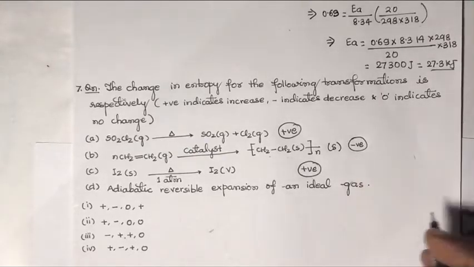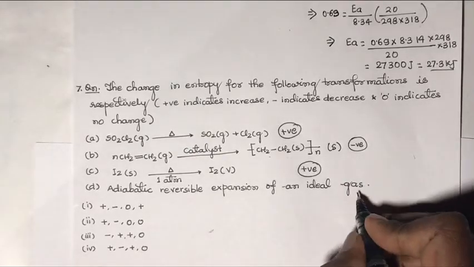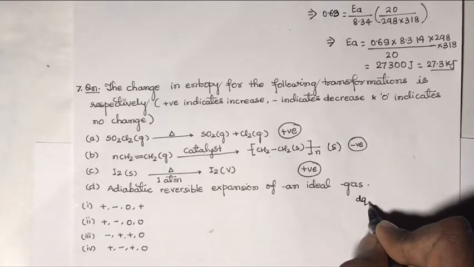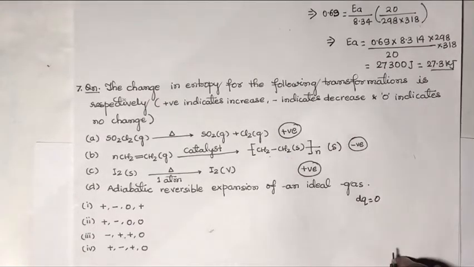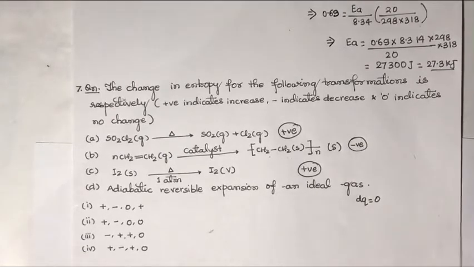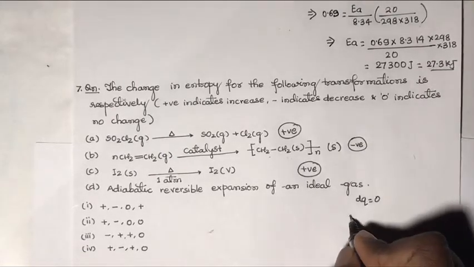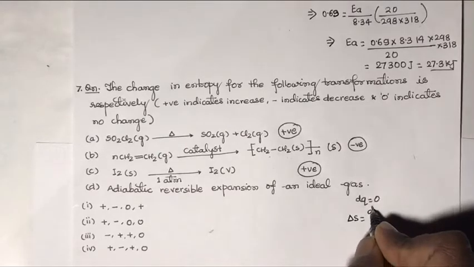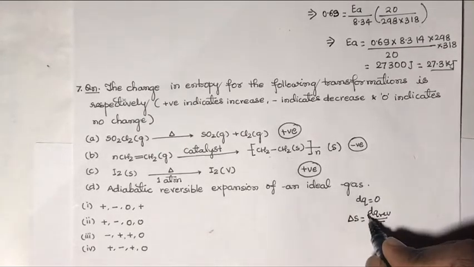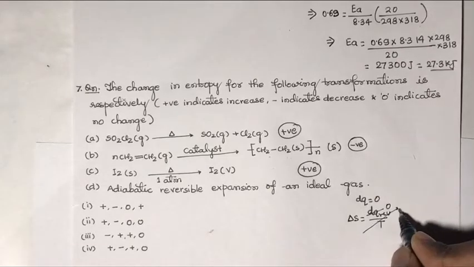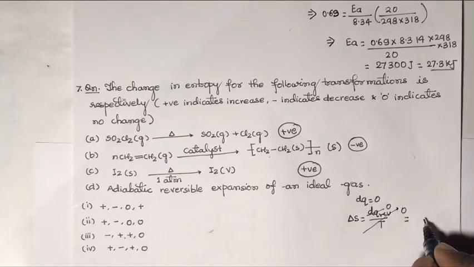We know that in adiabatic process dq will be equal to 0, because there is no loss or gain of heat from the system, and it is done in an isolated container, so isolated system, so the dq is 0, and we know that entropy change is dq reversible upon T. So if this is 0, the whole expression will turn to be 0.